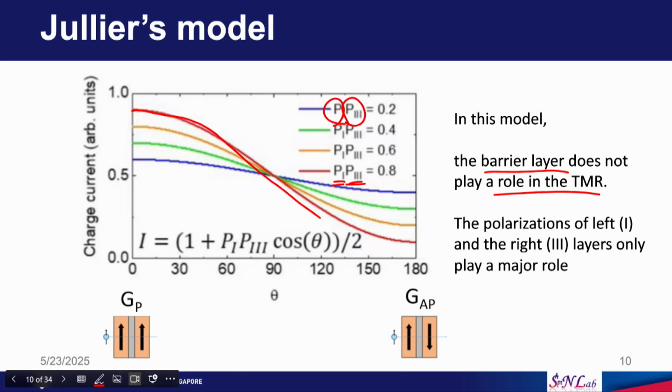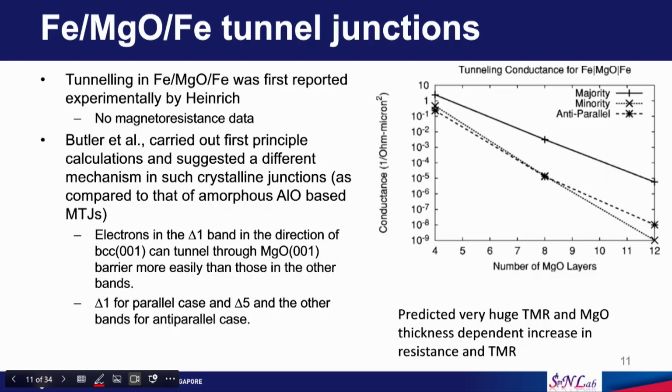Okay. So, if you are studying the barrier layer effect on TMR, you cannot use this model. Then somewhere around 2000, Professor Butler came up with another model based on first principle calculations, not just a model.